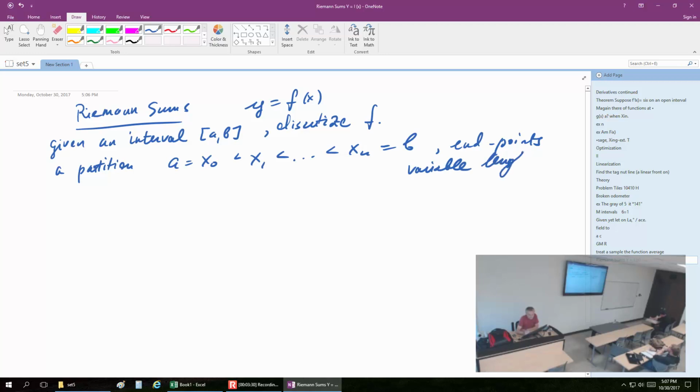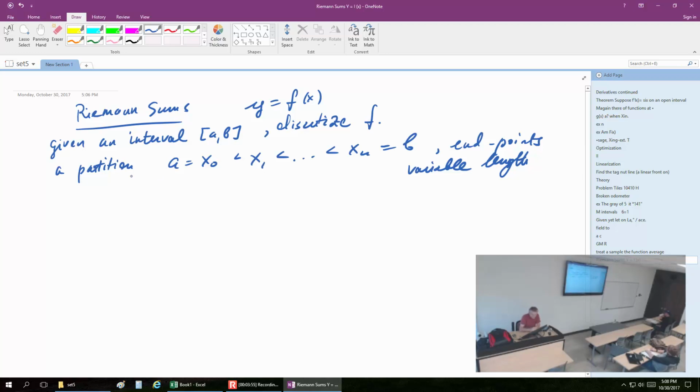It is frequently done with equal length, but remember, that's what we started with when we ended up computing a limit, and then we divide into n parts, and then n is our parameter. If they're equal length, then n is the only parameter that we've got, and then we take the limit, and we did. Remember when we computed that area on the parabola.